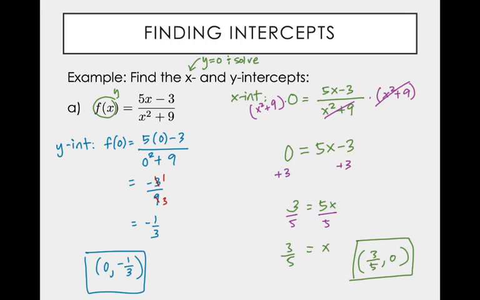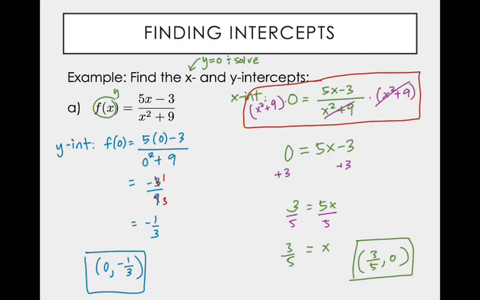We're going to do another one, but before I do that, I want to point out what happened up here at the top when I set the whole fraction equal to 0 and then multiplied both sides by the denominator. Notice that the x squared plus 9 just kind of disappeared. It really didn't play a role at all in my calculations. That's going to turn out to be the case every time with a rational function.